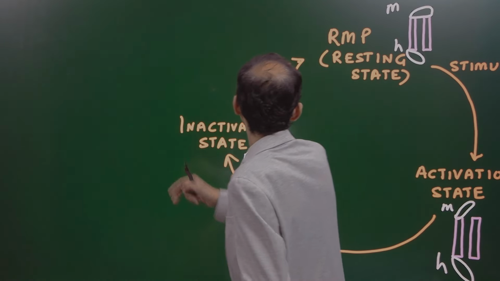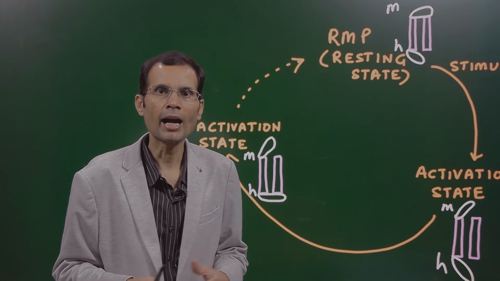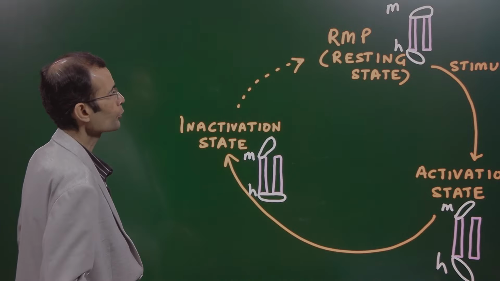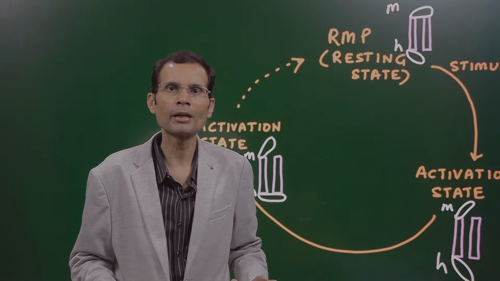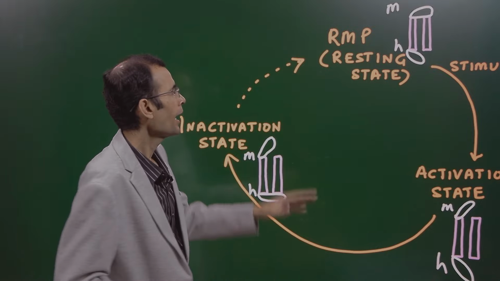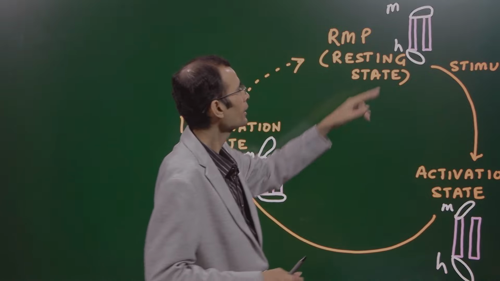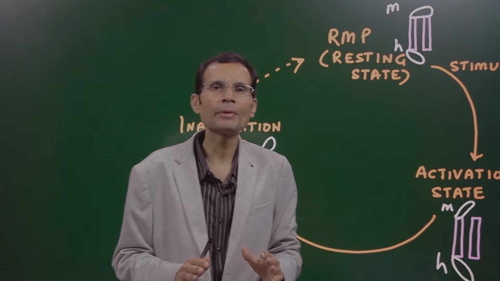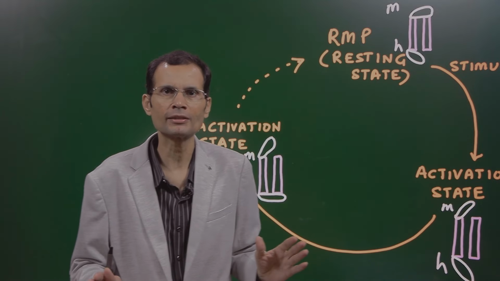Now, let's look at the various stages of the sodium channel during excitation of the nerve by influx of sodium. When the nerve is resting at RMP, the resting membrane potential, sodium channels are in a resting state. Resting state means the H gate, the inactivation gate, is open, but the M gate is closed. So sodium influx is out of question. Sodium influx will not happen at this stage.